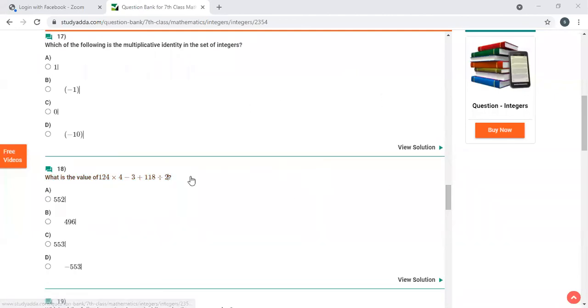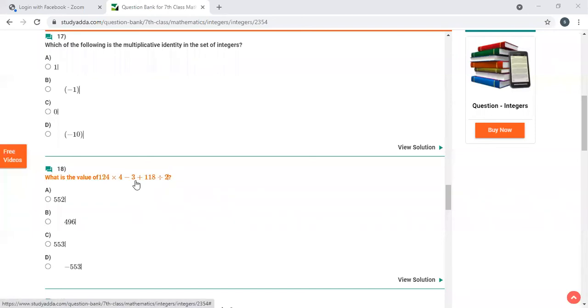What is the value of this? Please all solve this and tell me the solution. Tell me the answer of this. Firstly, you will divide according to BODMAS. Bracket is not there, of is not there, then you will divide, then you will multiply, then you will add, then you will subtract.